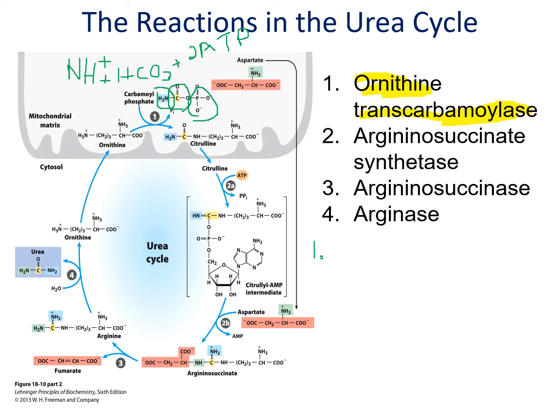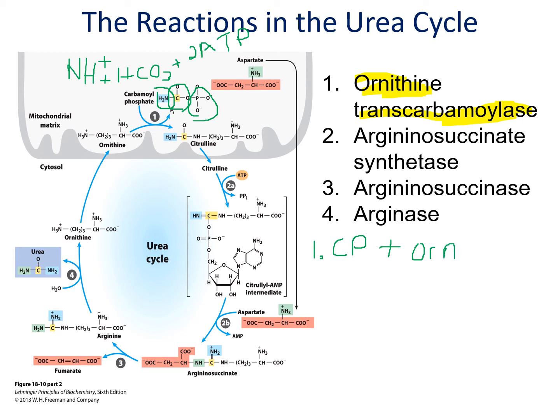We're going to take our carbamyl phosphate, I'll just write CP, our carbamyl phosphate is carrying that ammonia for us, and we're going to basically smush it together, or condense it, with an ornithine.